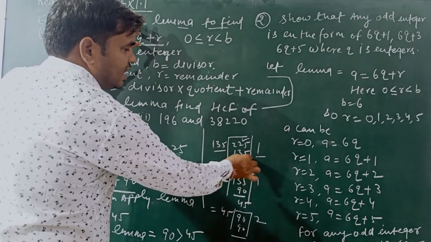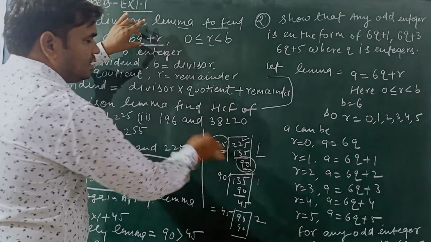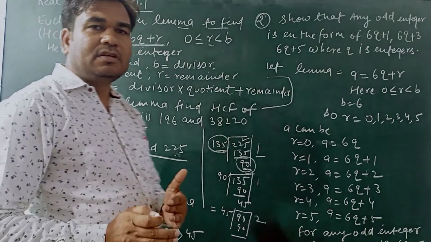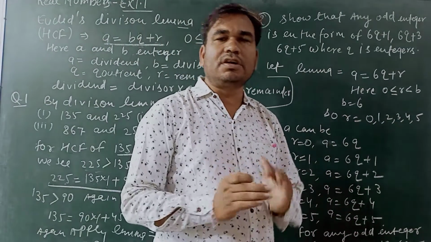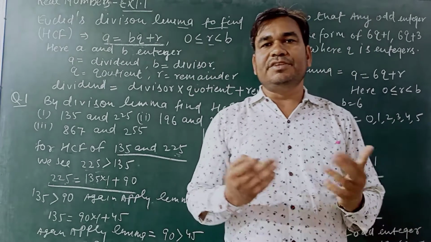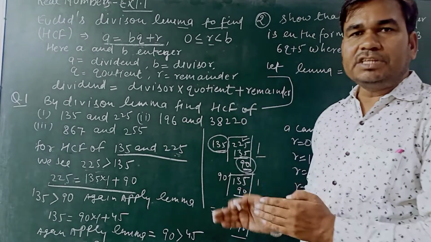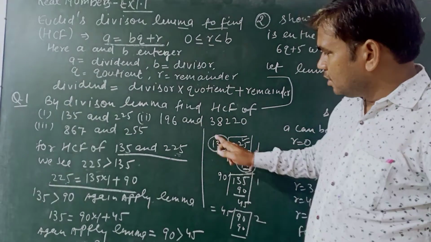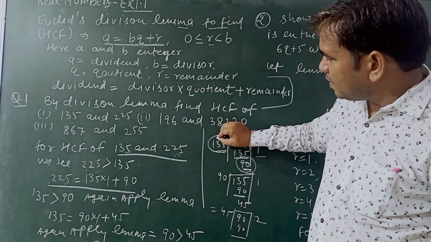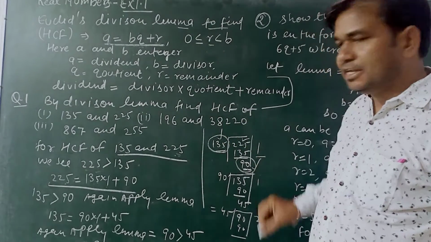This is the remainder and this is the divisor. When the remainder is not 0, we can again use the division lemma, and the next two numbers should be the divisor and the remainder. So the next two numbers are 135 and 90.